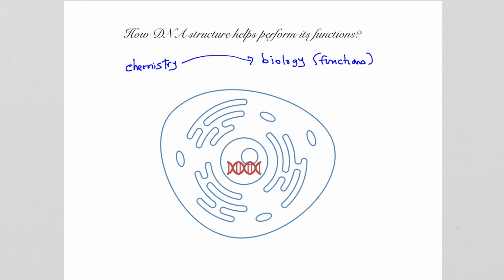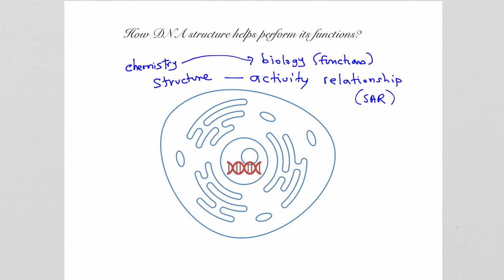That's a very important question. We sometimes call that the structure for the chemistry and activity for the biological function. We call this a structure-activity relationship, SAR. So what's the structure-activity relationship of DNA?